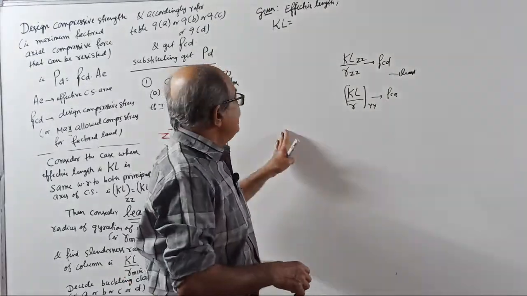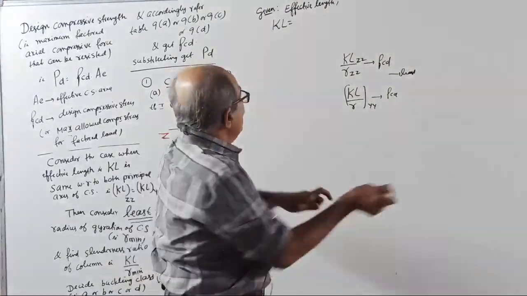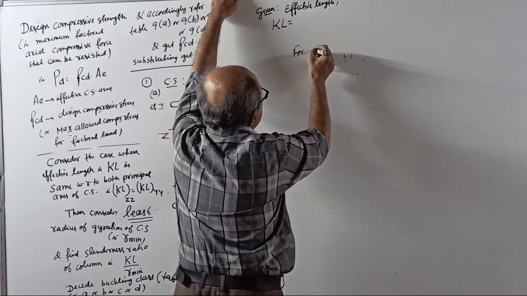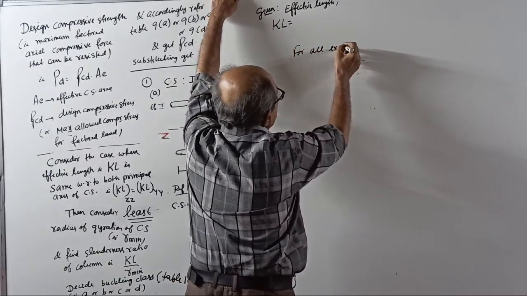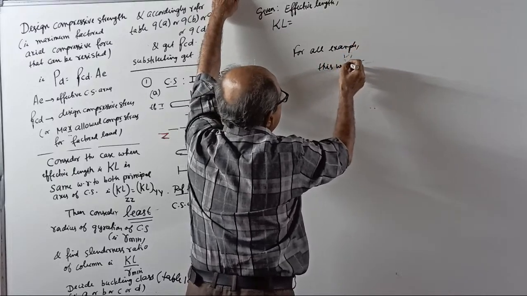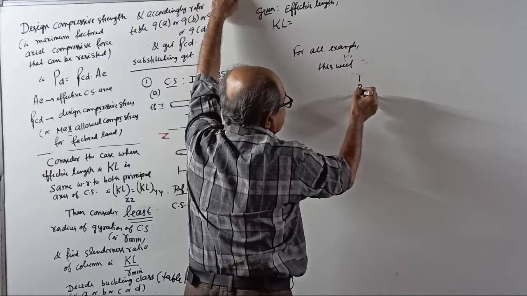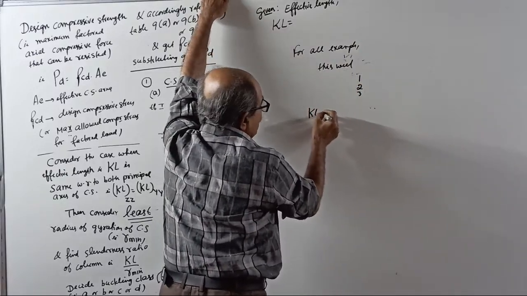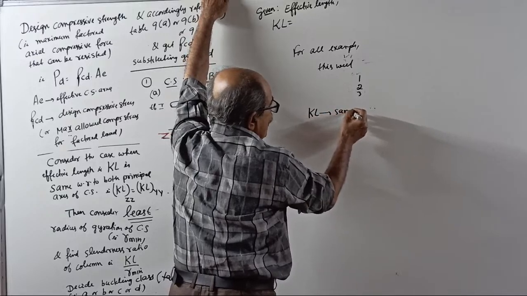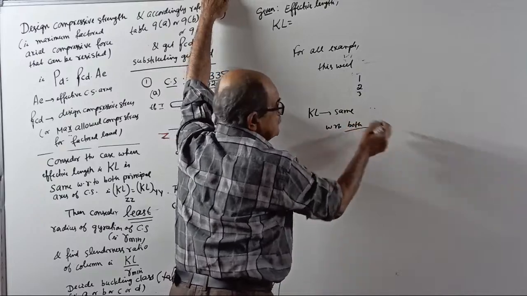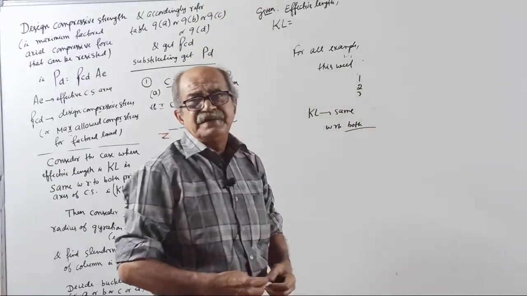But in all the examples this week, that is your part 1, part 2, part 3, you consider KL effective length the same or constant with respect to both principal axes of the cross section.